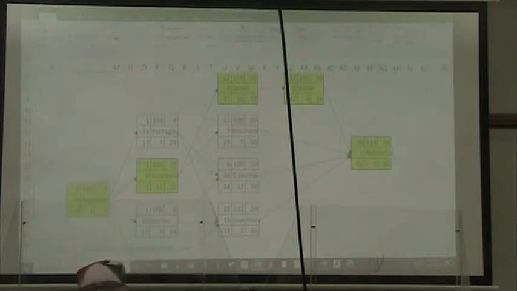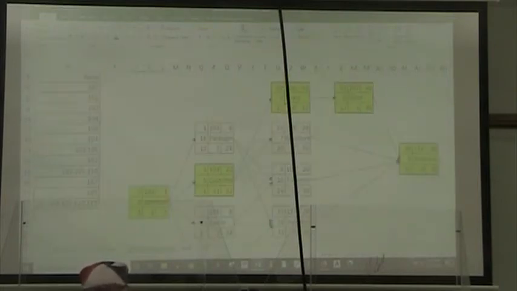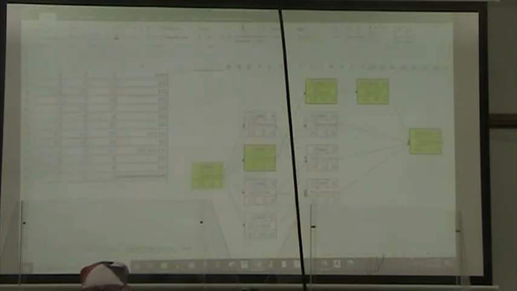We could just put the numbers in and call it a day. But what if we have some problems along the way? Oh, let me make it a little smaller so that everything's in at once. Oh, that didn't work out very well.